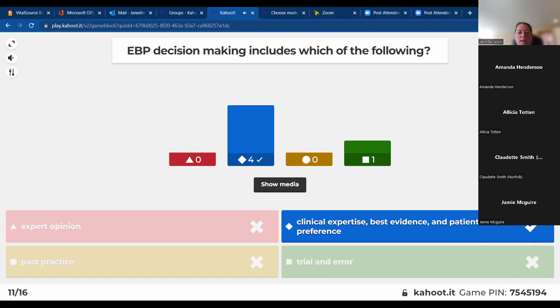Very good. It's not gonna be trial and error. Decision making is when we are gonna have our expertise, we're gonna have our evidence and our patient preferences. That's how we develop evidence-based practice.